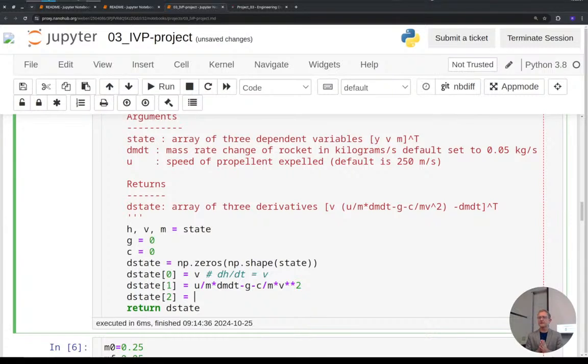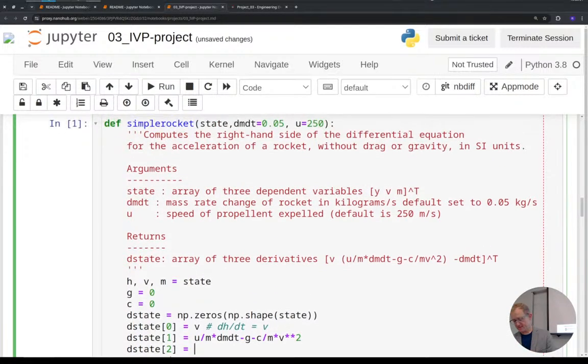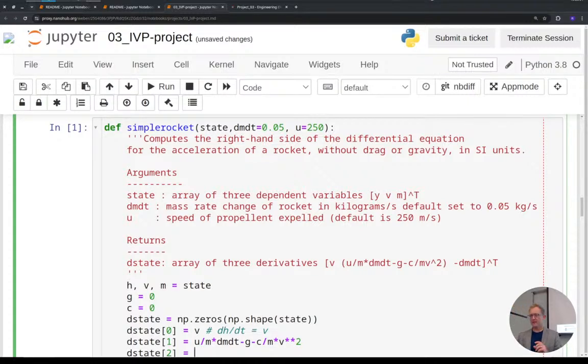What's the change in mass at every time step? If I have 1 kilogram and I'm burning 50 grams per second, how many kilograms do I have left after 1 second?